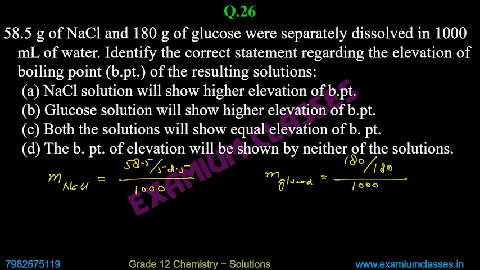Same. 1 by 1000, 1 by 1000. There is no difference. Now it is in grams, so we have to convert it into kilograms. But NaCl will get ionized. So molality we got, yes, it is the same.